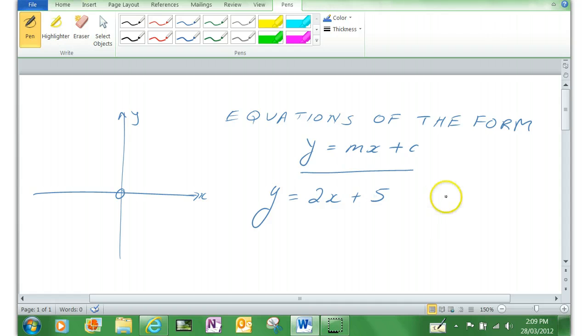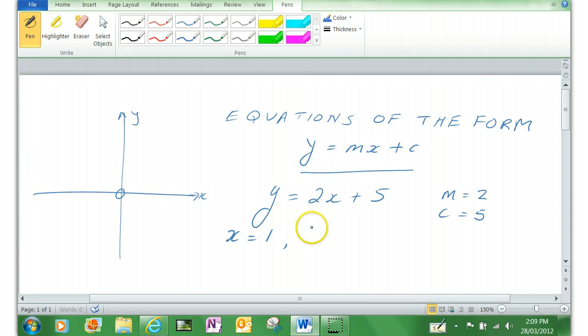Okay, so we've said in this case that m is equal to 2 and c equals 5. So it's a special case of this equation up here. Now, to draw the line that graph represents, you start plugging in some numbers for x, and some simple ones would be, say, x equal to 1, and we plug them into this equation to find out what y has to be. So let's do that.